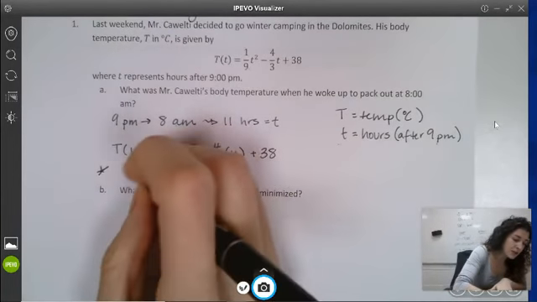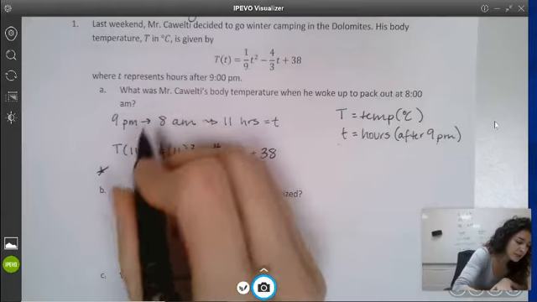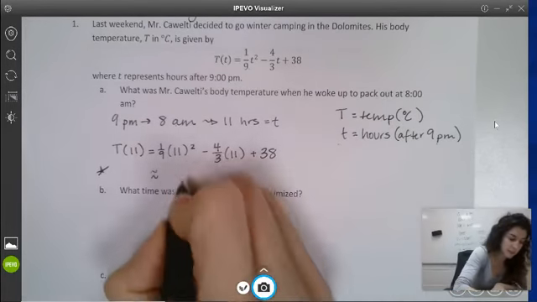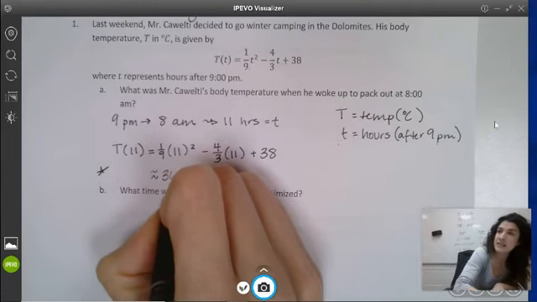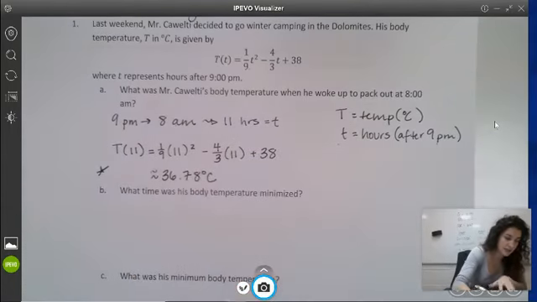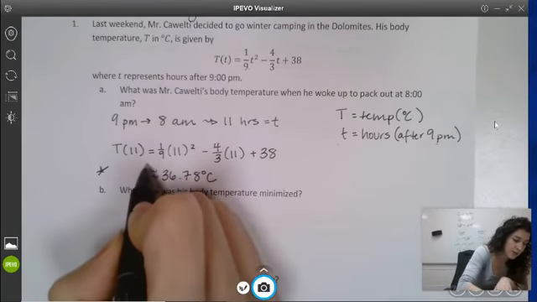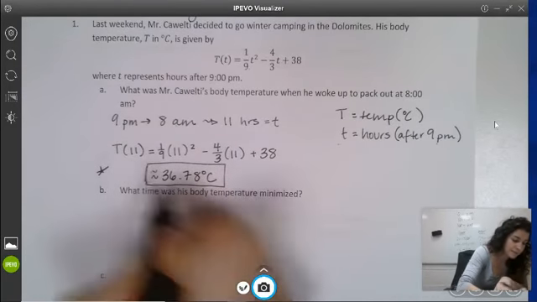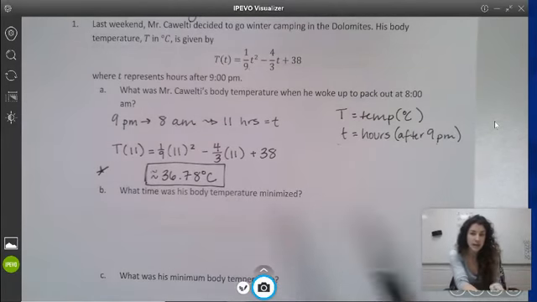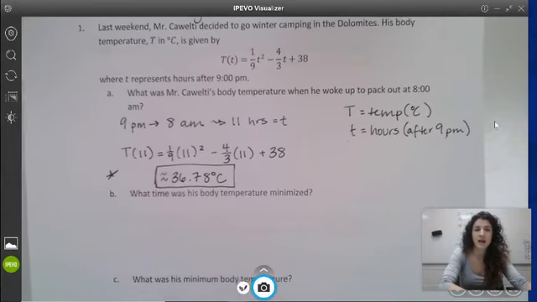You should have gotten, I'll go ahead and use an approximate symbol because this is no longer going to be exactly equal because I'm rounding to 2 decimal places, 36.78 degrees Celsius. So that would have been our answer there. So just evaluating the quadratic, which we've been doing this whole unit anyway. Now we're just applying it in a real world situation.